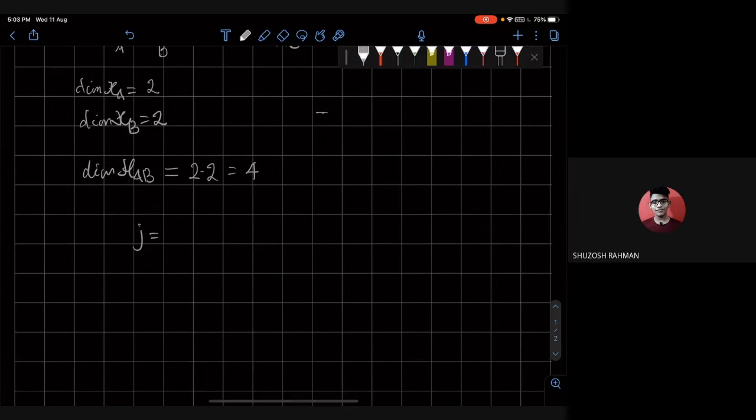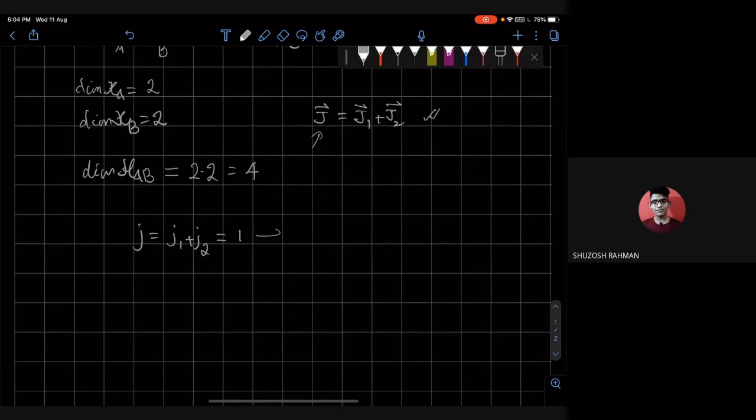So the total angular momentum operator is J, and that'll be J1 plus J2, right? Do you agree here? Yeah. So we want to find out the eigenvalue of the total J. The highest eigenvalue is going to be J1 plus J2, right? So that's going to be 1.